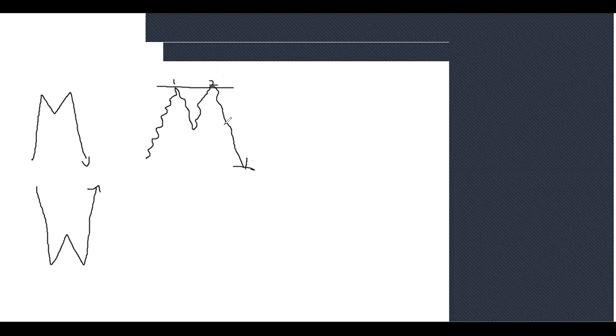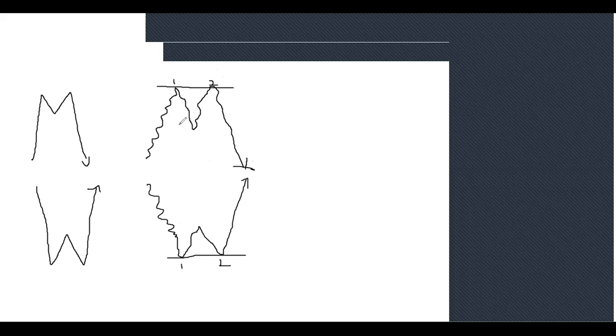Okay, the opposite of this is the double bottom, whereby the market is in a downtrend, got to a level, reverses, comes back to the same level, and then pushes up. Okay, this level is our first bottom, and then the second bottom.